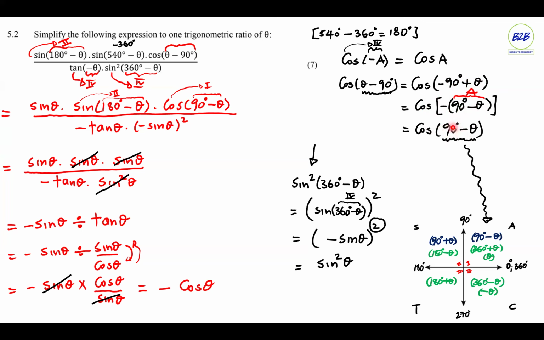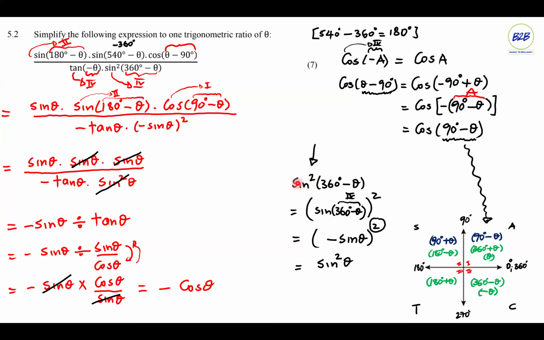Then it has come back to our trigonometric reduction formulae. All right, that is what I wanted to emphasize here. Lastly, be really careful when you deal with a square.